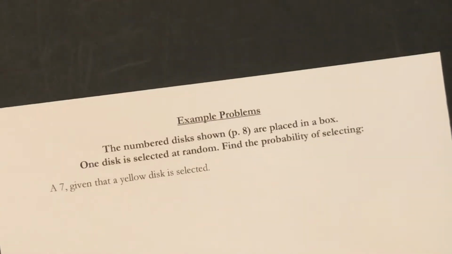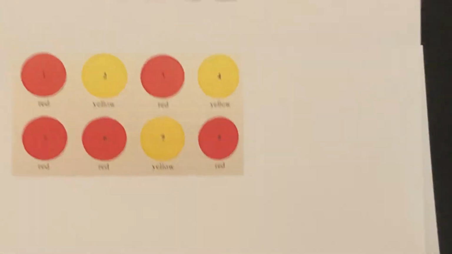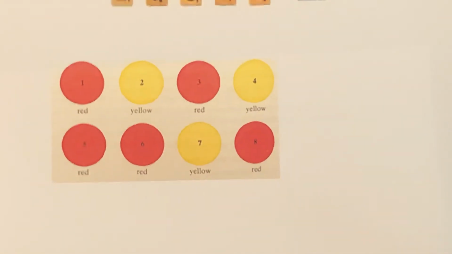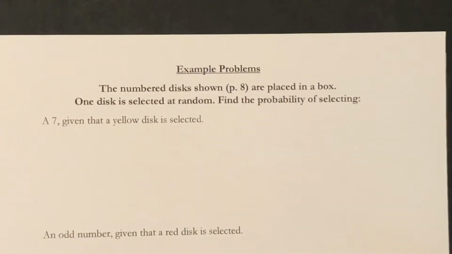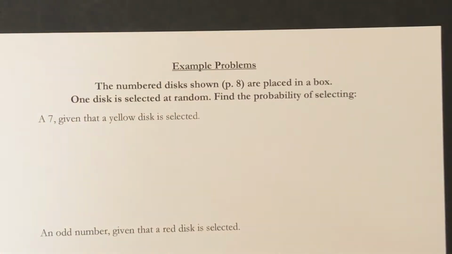Now we're going to use the colored disc pictures that are also available on that last page in the notes to do these next problems. You have these numbered discs placed in a box, and one disc is selected at random. Find the probability of selecting a 7 given that a yellow disc is selected.